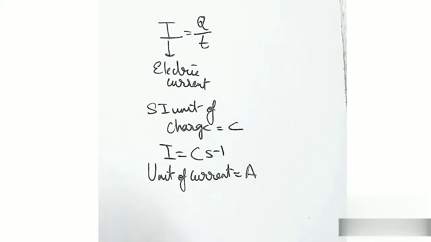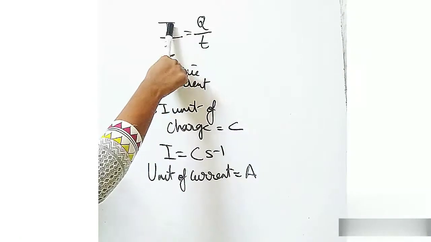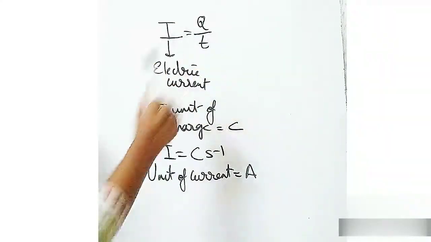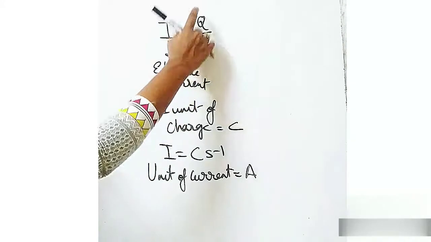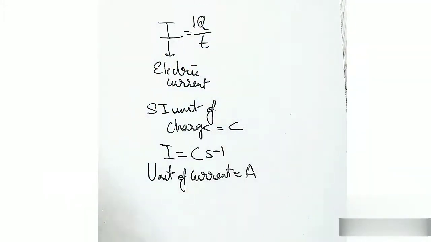Now, how will you define it? Always remember, when they say state and define the unit of current, you correlate with your formula: I, that is current, is equal to Q upon T. One ampere is constituted by the flow of 1 electron, that is 1 charge, per second.